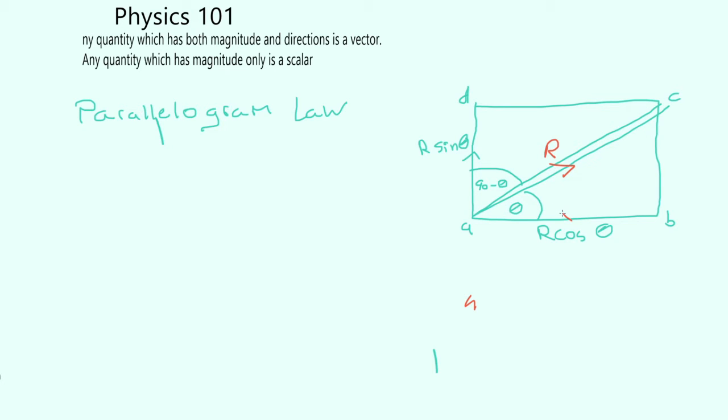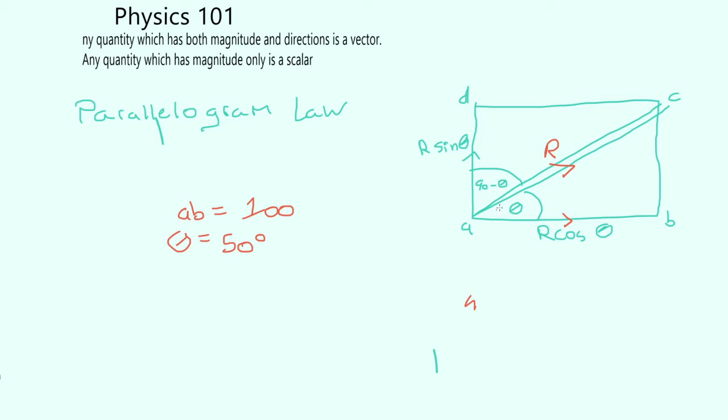Say we had the horizontal distance, which would be AB, equal to 100, and an angle theta equal to, let's just say, 50.